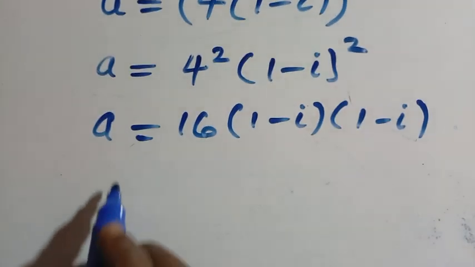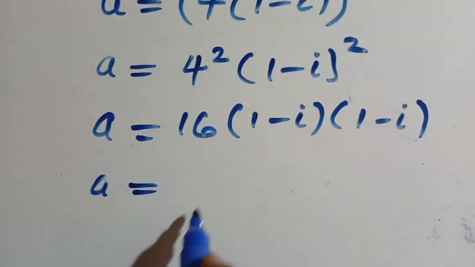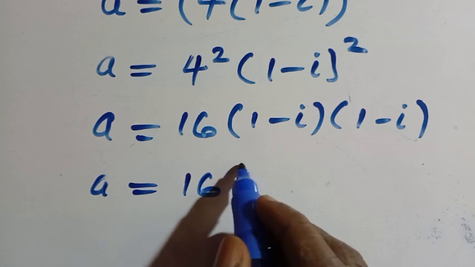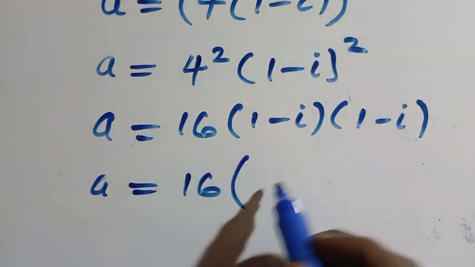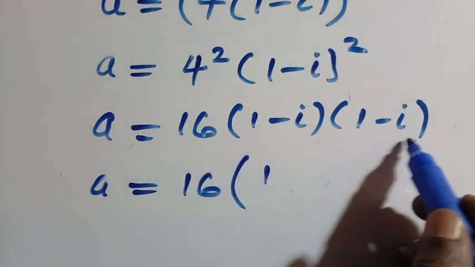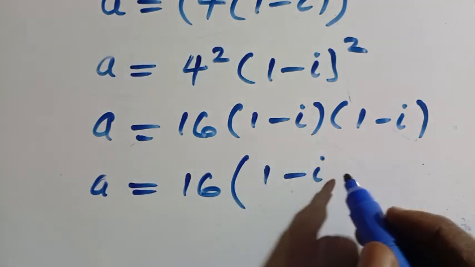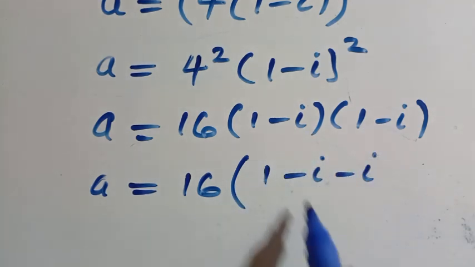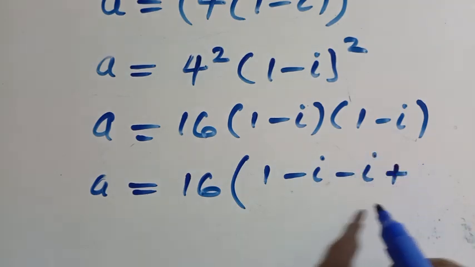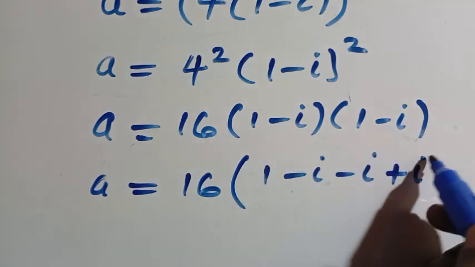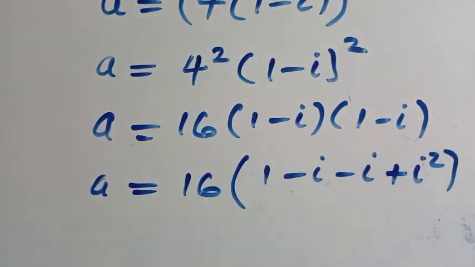So here we have a equals 16 into bracket of, 1 times 1, that is 1. 1 times minus i, we have minus i. Minus i times 1, that is minus i. And minus times minus here, that is plus. Then i times i, we have i squared.